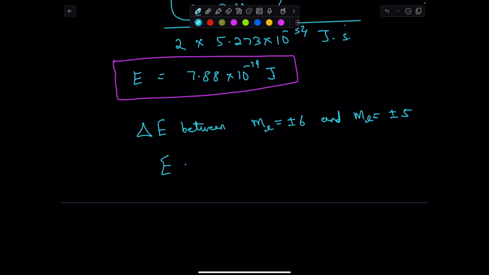So since E equals m_l squared ħ squared over 2I, we can say that delta E would be equal to those times m_l final squared minus m_l initial squared.